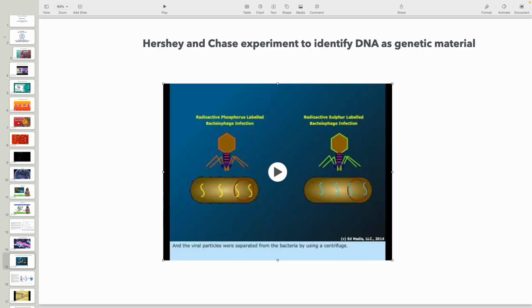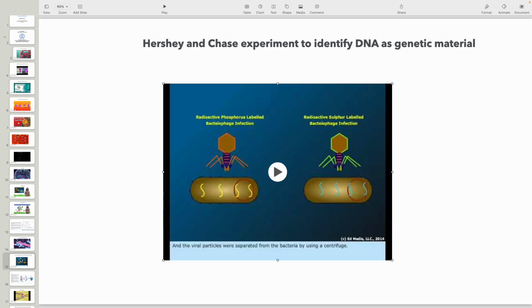So in the Hershey and Chase experiment, what they did, they had bacteriophages. The bacteriophages are the viruses that infect the bacteria. So they radiolabeled the bacteriophages. In one culture they radiolabeled the bacteriophages with radioactive sulfur.